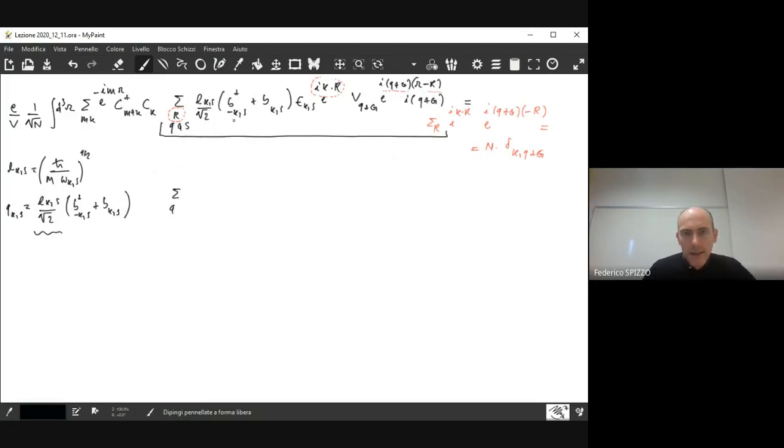So I had the K index for the phonons, and, sorry, I was sure everything would have been fine, but I'm afraid that this may produce confusion. I will also remove this part here.